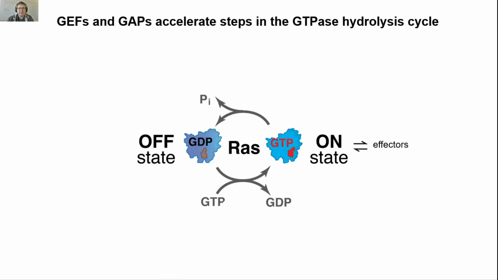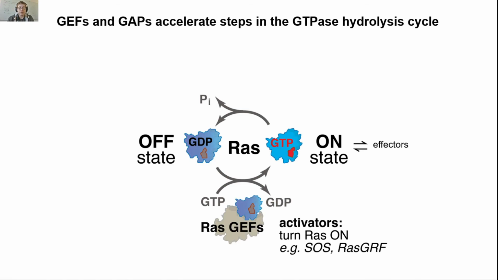And so what this means is that if we have molecules that could accelerate individual steps in the conversion of GDP to GTP or back from GTP to GDP, then we could specifically control how much GTP-bound Ras there is inside the cell, and now we have a regulatable system. The molecules that evolution has produced that do this are called guanine exchange factors and GAPs.